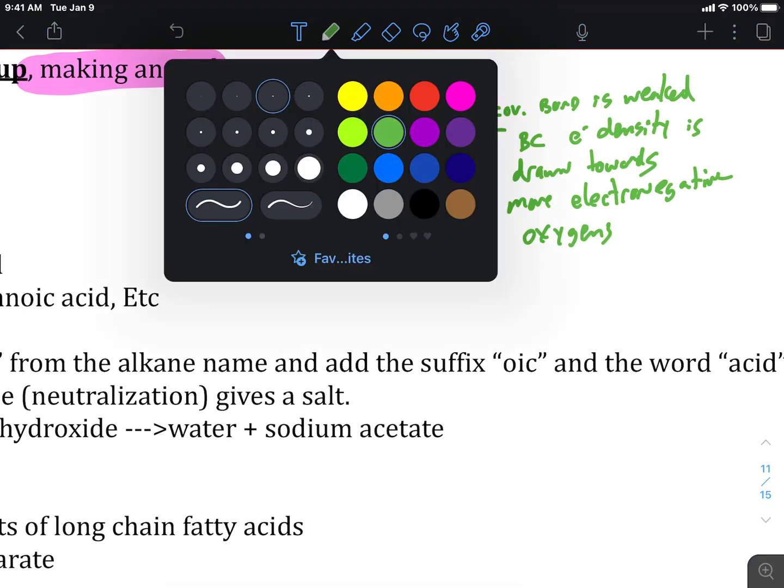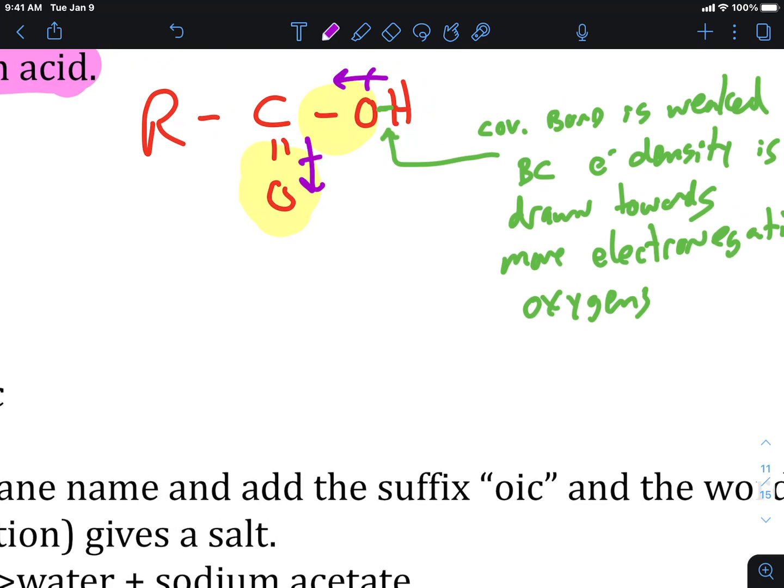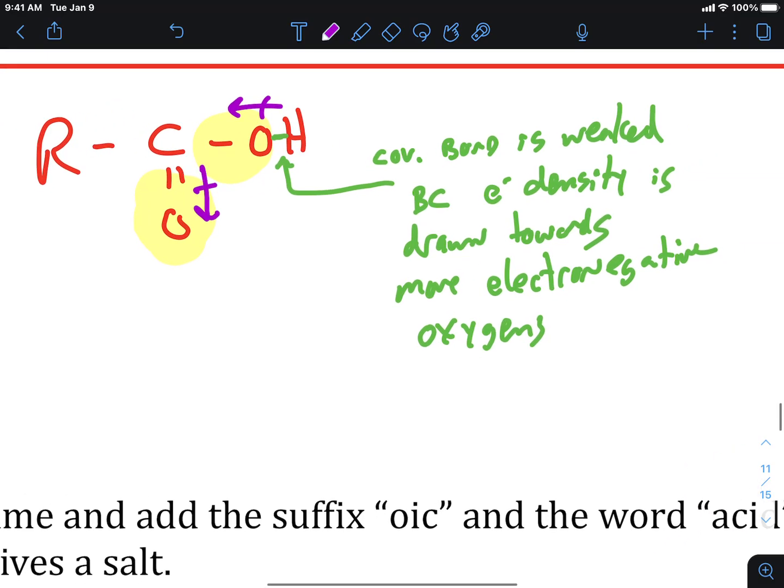Okay, so what that means is the dipole moment in this direction is strong. Right? The electrons that are involved in the bond right here between O and H are being pulled towards oxygen so much that the hydrogen, it doesn't take much for someone to come along and just pluck it off.